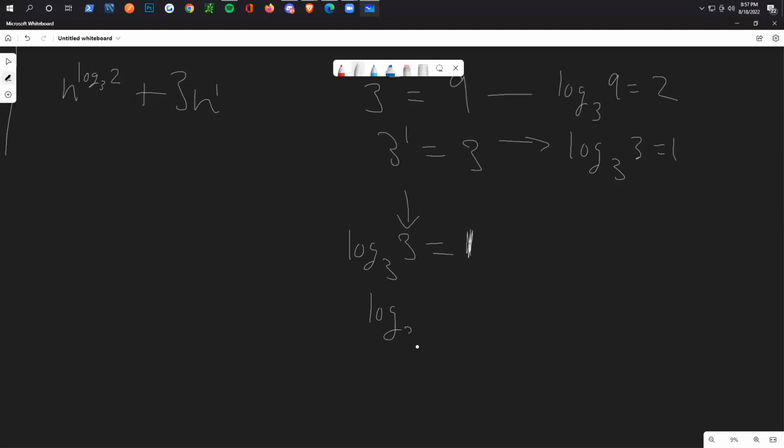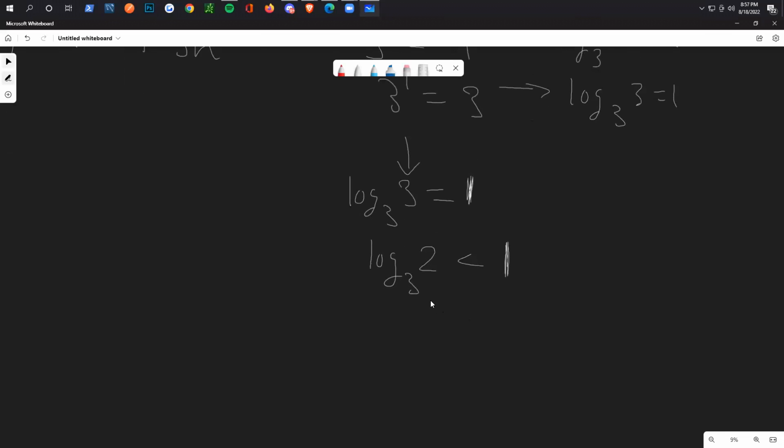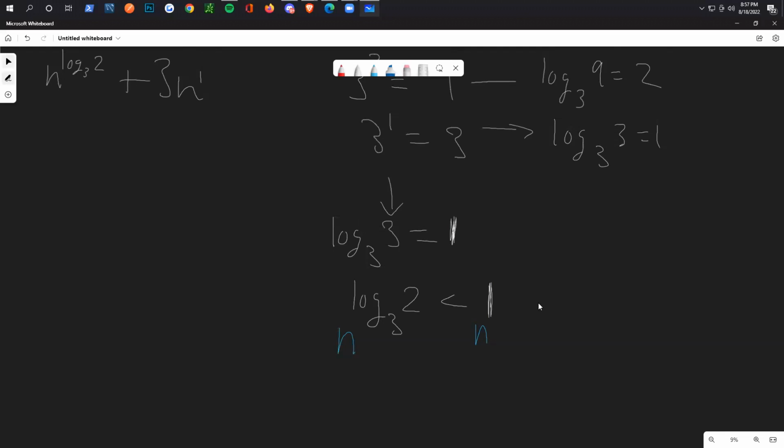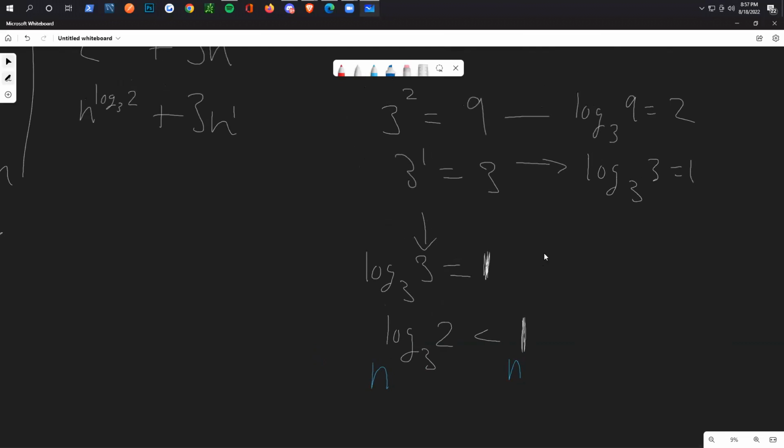So log base 3 of 2 is going to be something less than 1. So this value is going to end up being less than 1. And if this is less than 1, you can just plug in your n right here, and that'll tell you which of the two is the dominating term. So I hope that makes sense. I just made a quick little inequality showing you guys how it works.